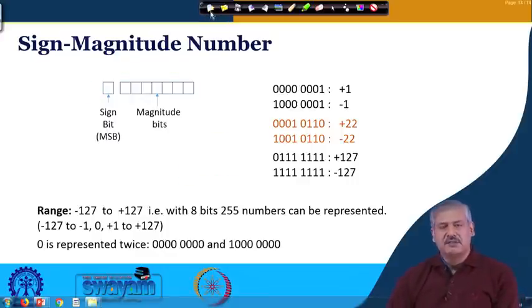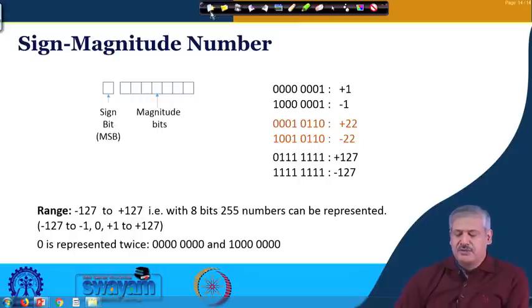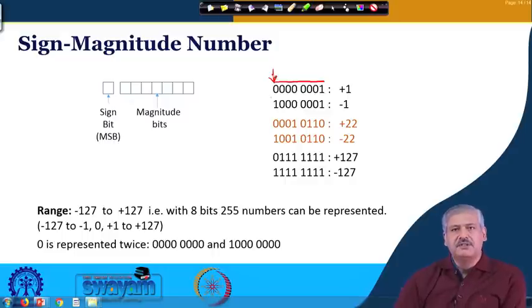If we have 8 bits to represent a number, and we are considering integers only, and fractions can be taken up later, consider 0 0 0 0 0 0 0 1. This particular bit is the sign bit.